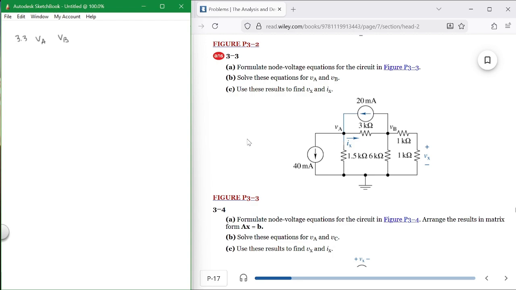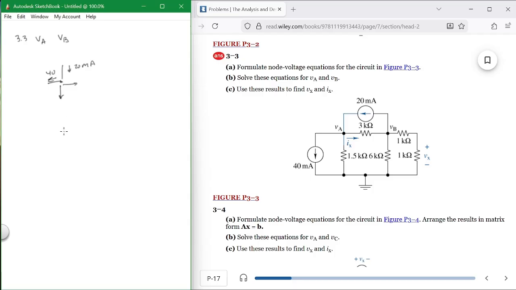Okay, so you have a node VA, you have 40 milliamps going that way. And this way you have coming in 20 milliamps. And this way you have an unknown, and this way you have an unknown as well. So how would you write that?